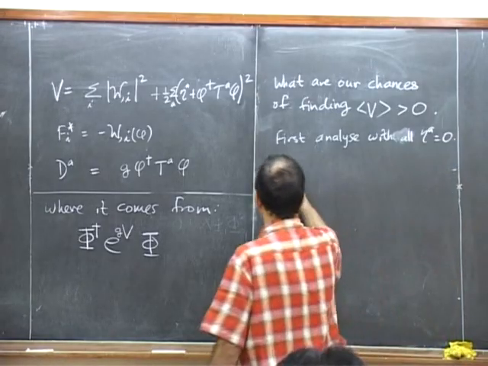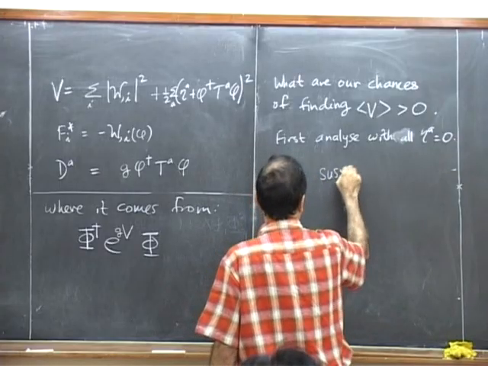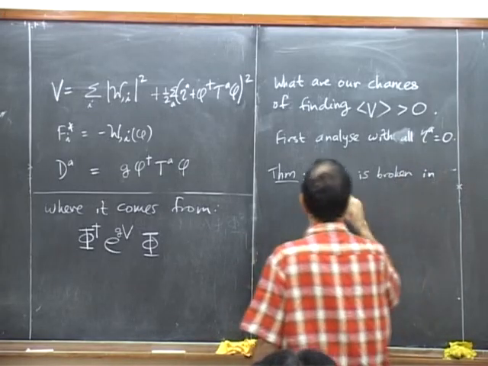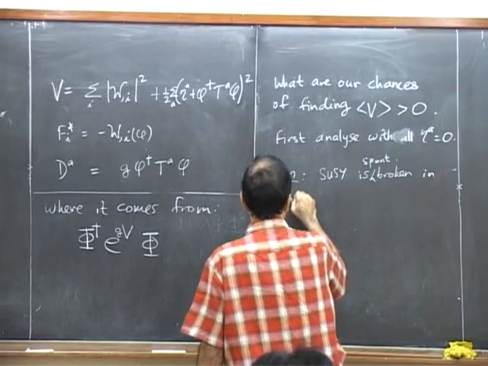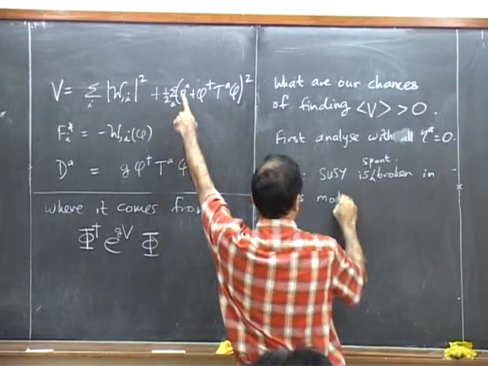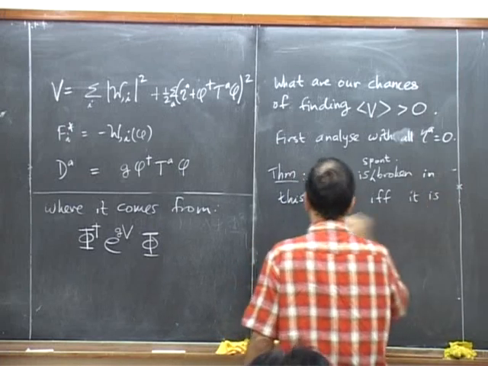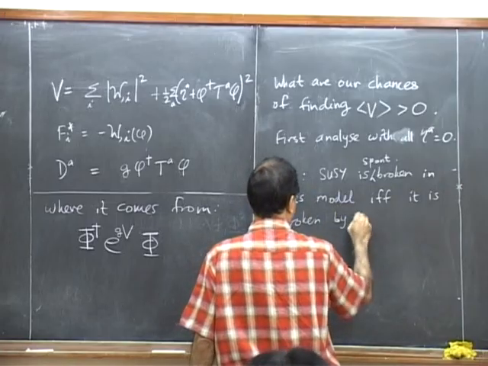Or in other words, the theorem which I'll prove for you, that SUSY is broken spontaneously in this model, I mean the thing up here, if and only if it is broken by the F terms alone.